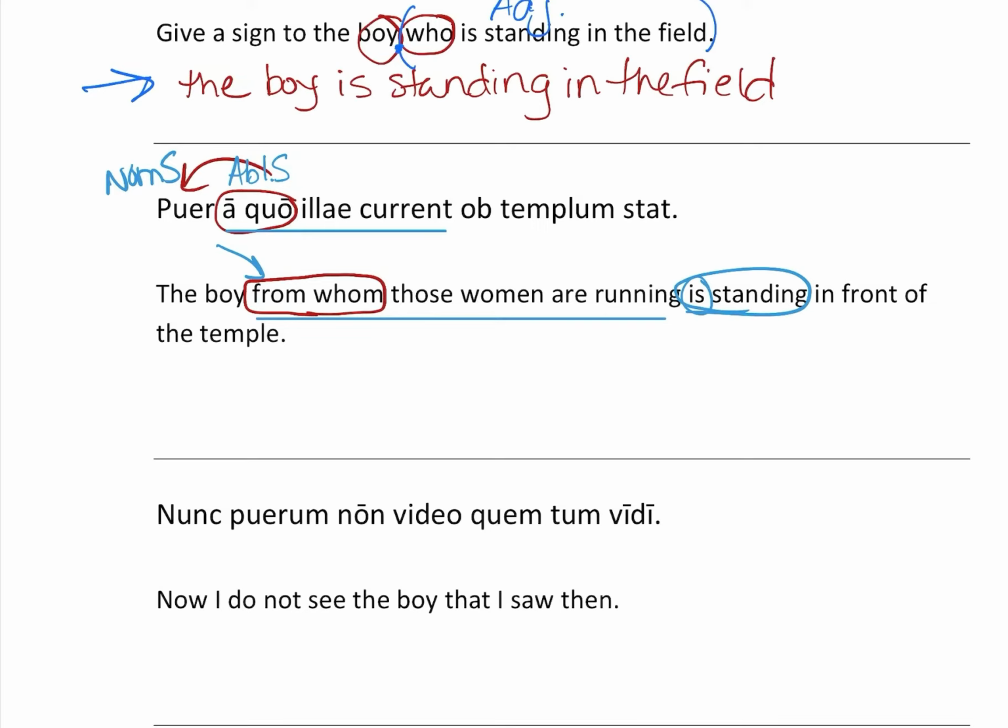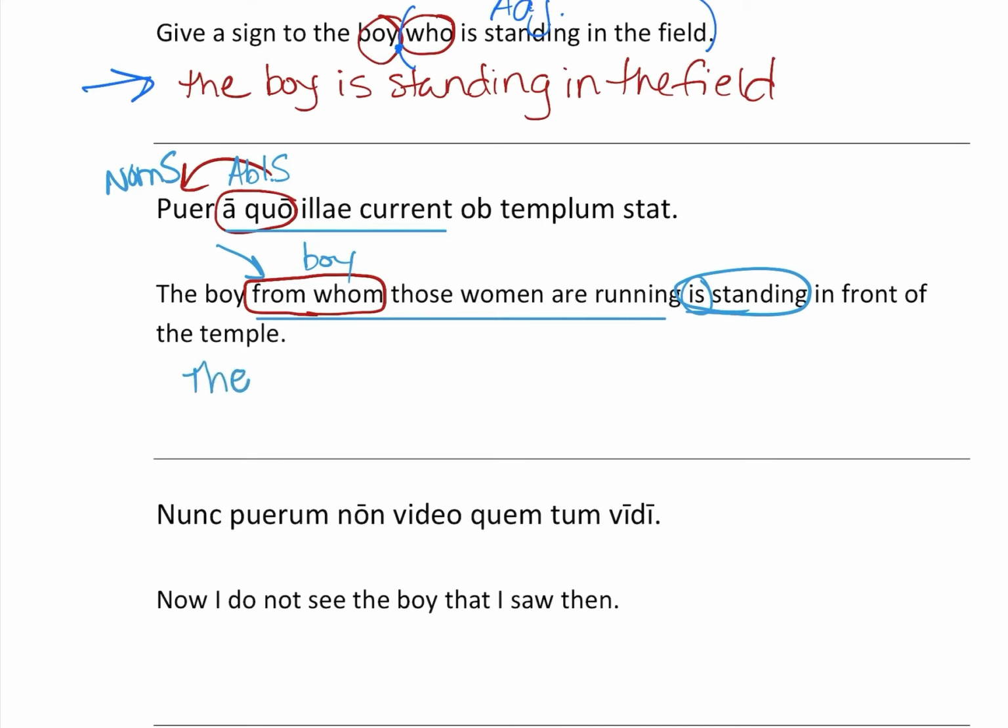All right, and if you're not sure, what you can do is rearrange the relative clause so that we insert boy into it, and then this will tell us the job. So we would not say, "boy, those women are running," right? It replaces that, but we have to make a complete English sentence.